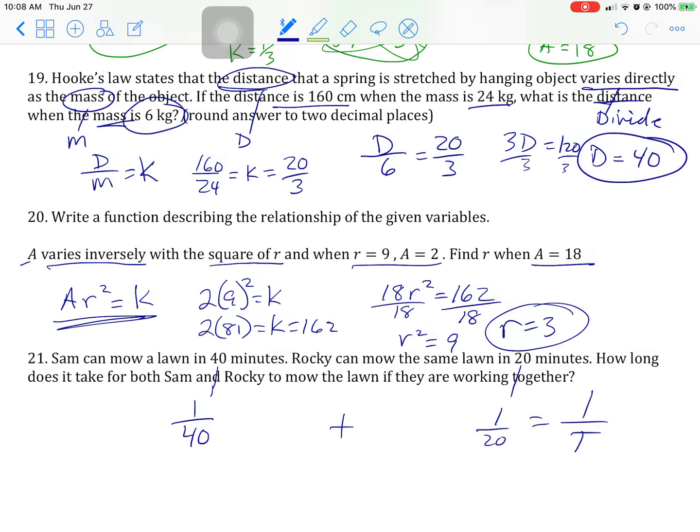How long does it take them? Okay, so they're in this section because why? You're adding fractions. Rational, this one's a rational expression, those are fractions. You need an LCD to clear your fractions. So 20 is a factor of 40, so the LCD in this case would be 40t, okay?